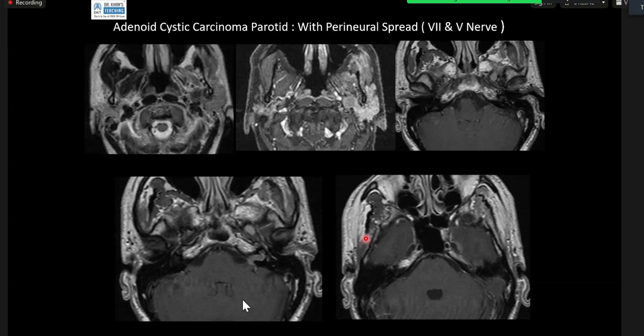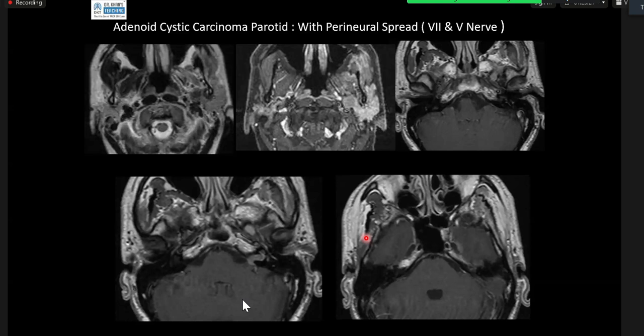And in lower motor neuron lesions, when you are worried about lower motor neurons of the facial nerve, please remember that you cannot just do brain imaging and sit on it because the lesion might be in the temporal bone or it might be in the parotid. So that's the key learning point.